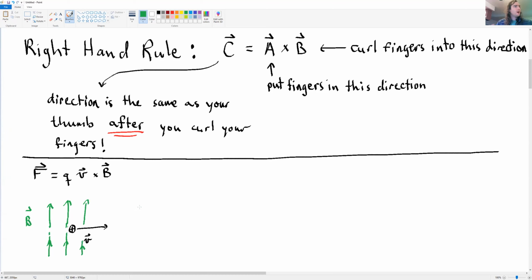Okay, so you can already go ahead and get started on it if you know what to do. Once I'm done throwing a couple of these diagrams up, then I'll make some more comments. I'll try not to make it too hard to use the right hand rule.